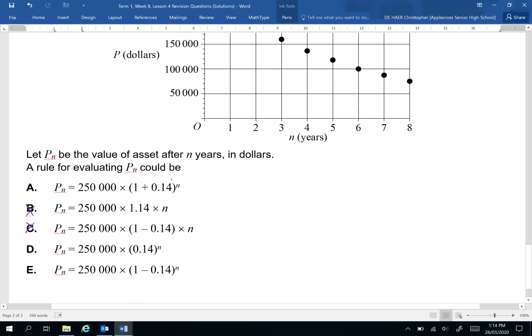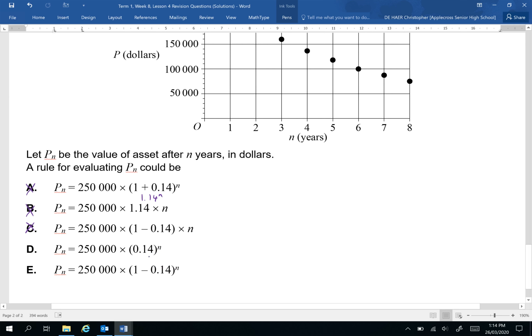Now if we look at part A, that's going to be 1.14 to the power of n. That would be exponential growth, so that would be increasing, and the value of this asset is decreasing. If we look at part D and part E, well, they would both represent decreases.